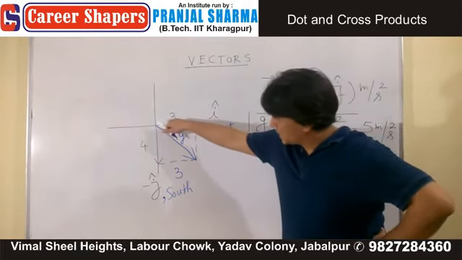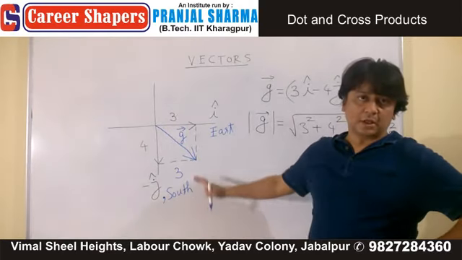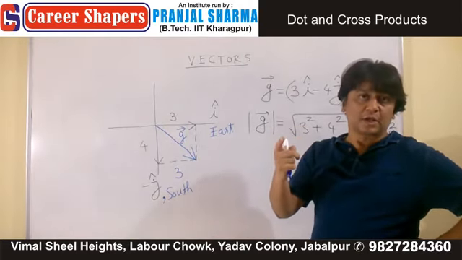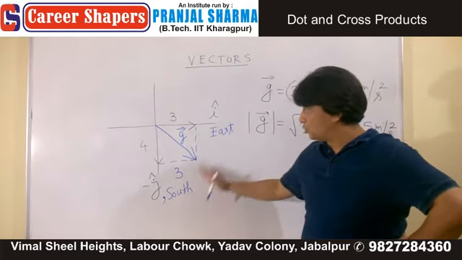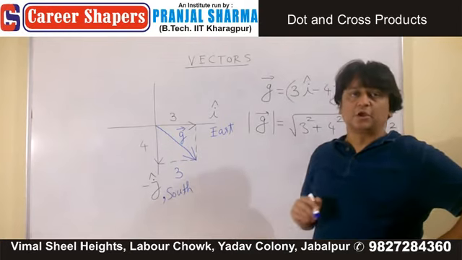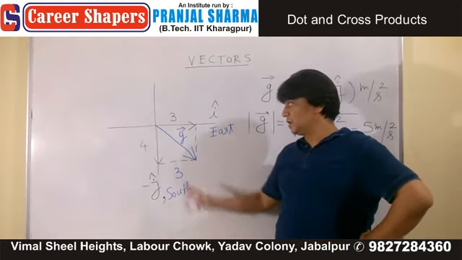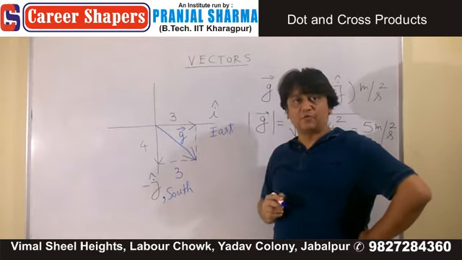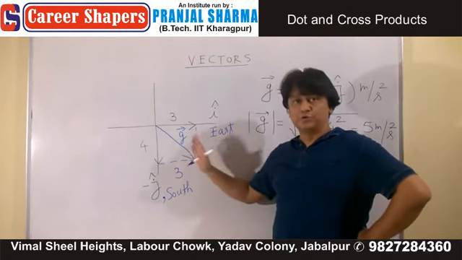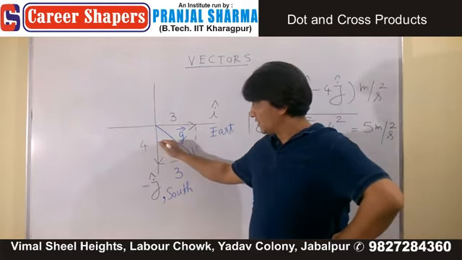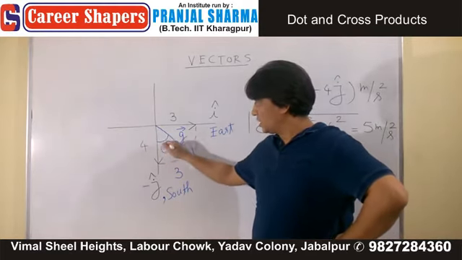When you see something like this, many a time people will go for direction in this form, southeast. But remember, it's not southeast. When you say southeast, then this angle should be exactly 45 degrees, which it is not. And therefore, you will say that this angle is theta.